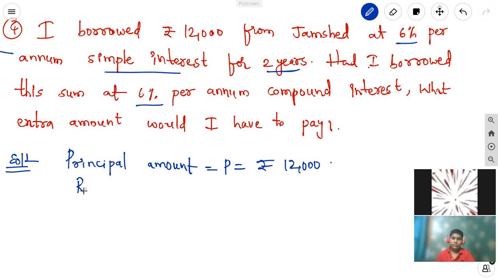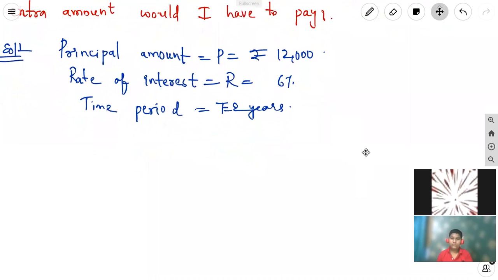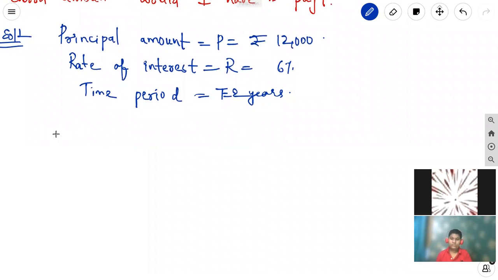Next, what is the rate of interest? Rate of interest R is equal to 6%. And what is the time period? Time period T is 2 years. Okay. We can calculate compound interest and simple interest. Simple interest equals PTR by 100.